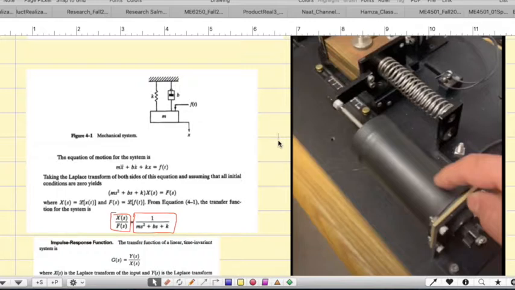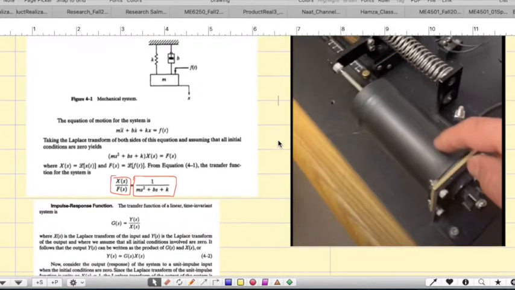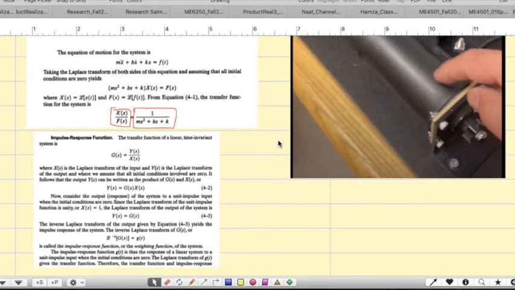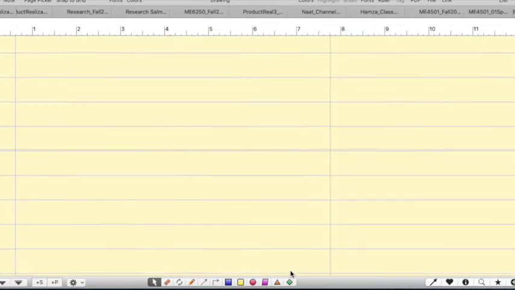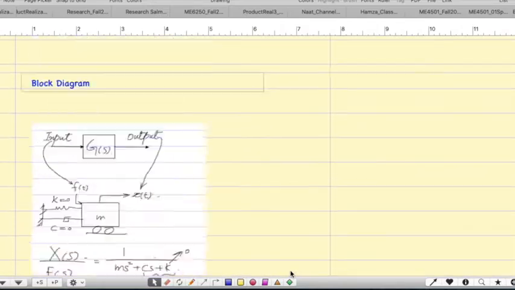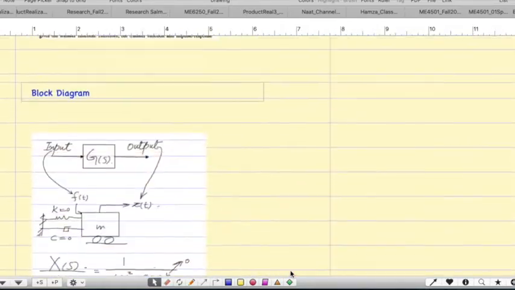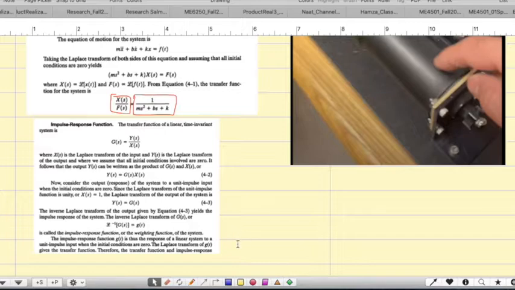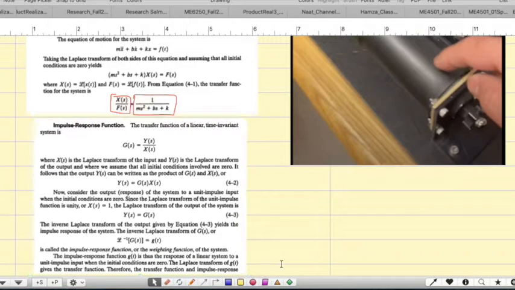Transfer function gives us the time response to any driving input. It could be an impulse input, it could be a step input, it could be a sinusoidal input, and so on. This is the algorithm which I have copied and pasted from the Ogata book. So what I'm trying to show you here is the algorithm that first of all you will find out.